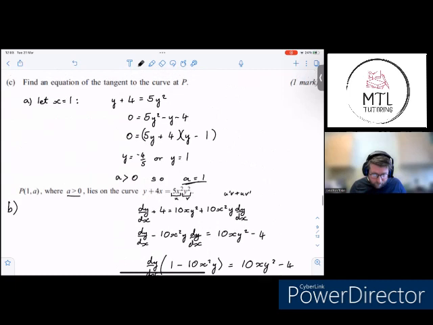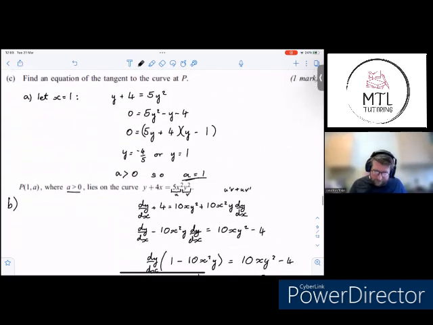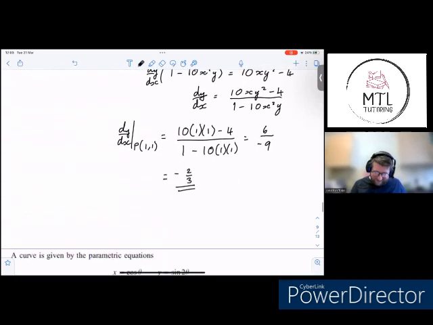Okay, is that it? Oh, we also want the equation of the tangent at P. 1 mark. Okay, that's fine. We've got all the stuff we need. Just a reminder, it's y minus y1 equals m times x minus x1. So that will be y minus 1 equals minus 2/3 times x minus 1.